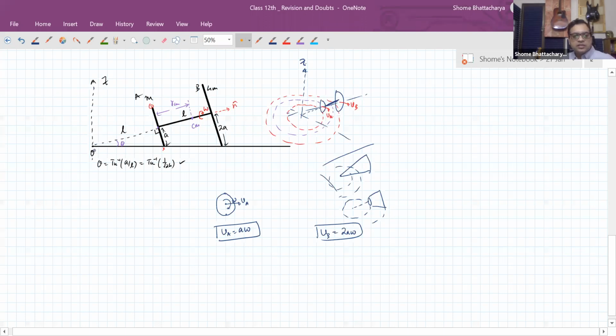That circle is of radius this much in this diagram, this radius RA. So the point of contact of disk A is describing the circle of radius RA in this diagram. If this point is clear, RA is the radius of the circular motion of A's point of contact.